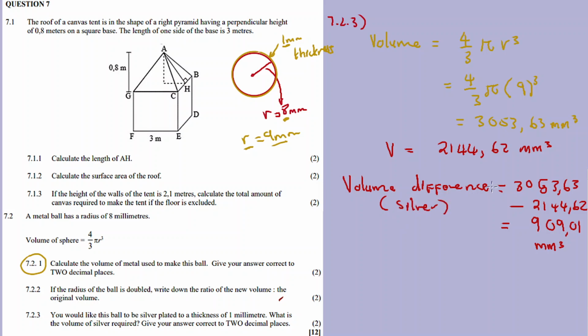By finding the volume difference between the plated ball and the ball without plating, you get the volume of the silver.